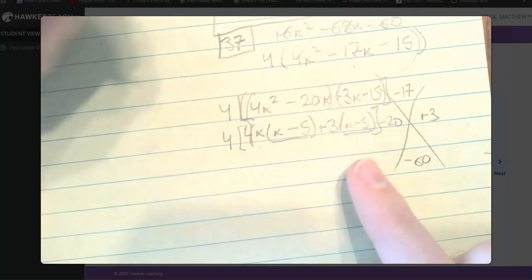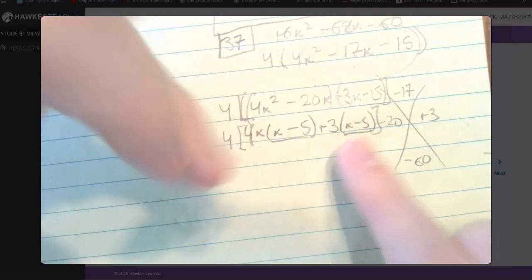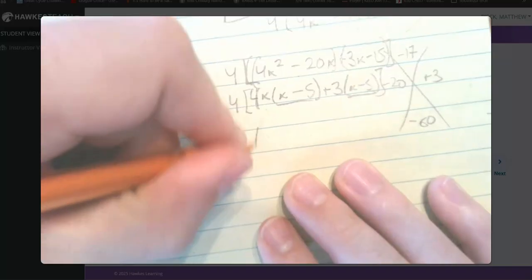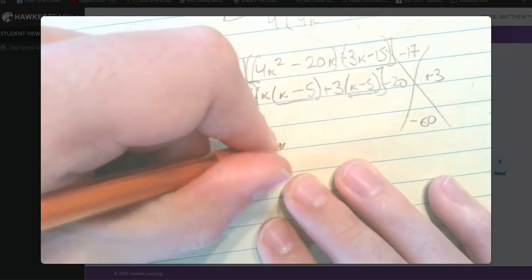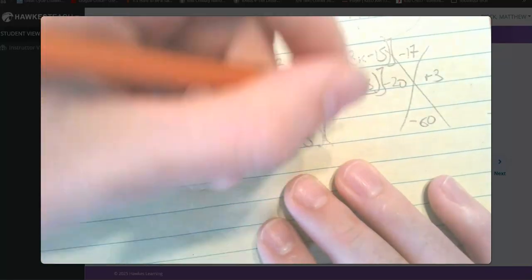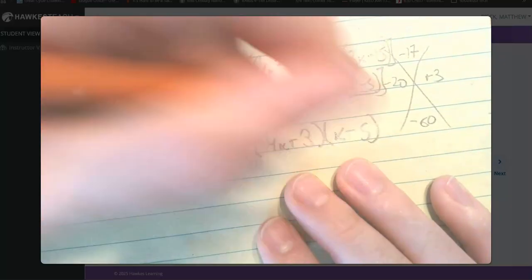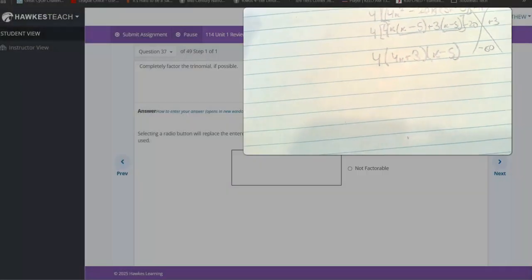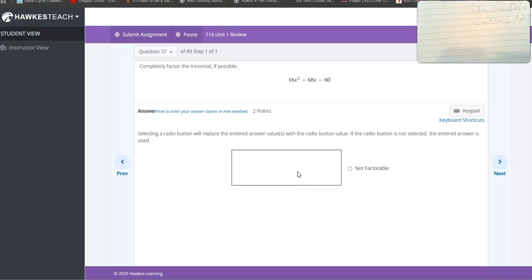And again, we can group the things inside the parentheses and group the things outside the parentheses. So you have 4 times 4x plus 3 times x minus 5.